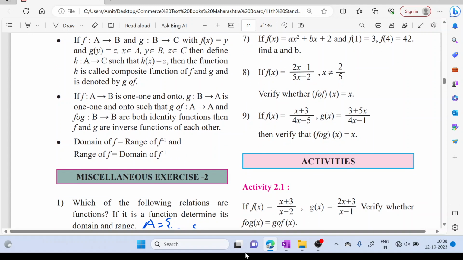Okay, now these are little harder problems. Let's do them. Only two problems which are little difficult.